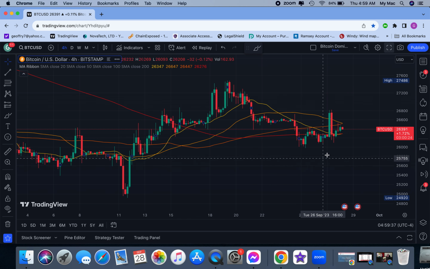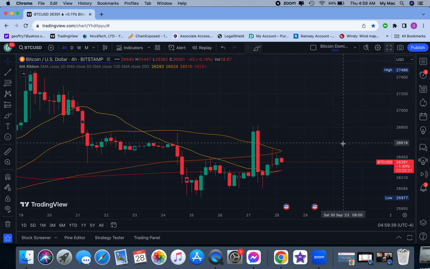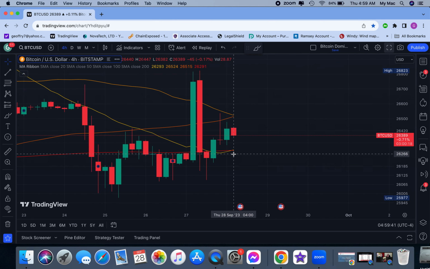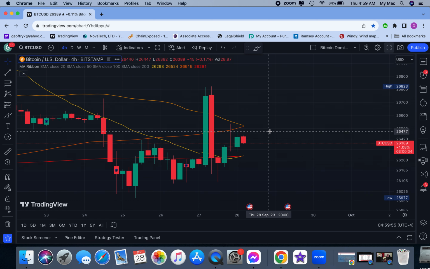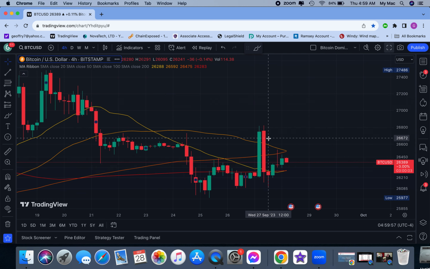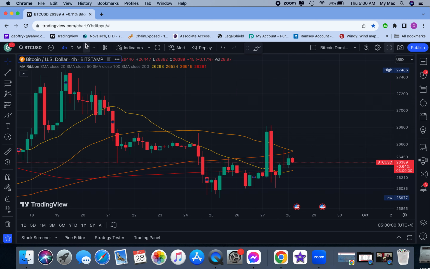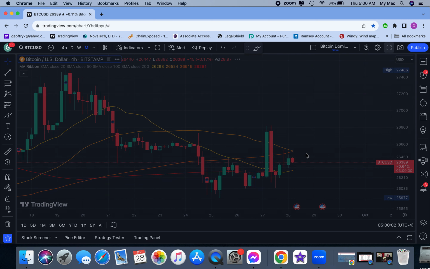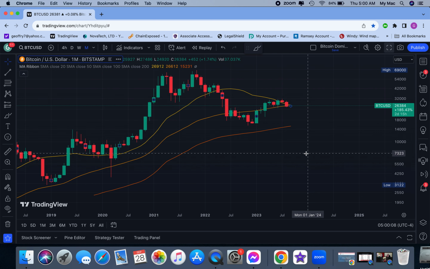Again, this is the 4-hour, but you can start to see if you zoom in that our yellow band is curving back up. So that's good. That's going to move us back up. As long as our price can stay above it, it will pull it back up. So that's what these bands can tell us, is where are we at in the cycle, and where's our support, where's our resistance, above us, below us.